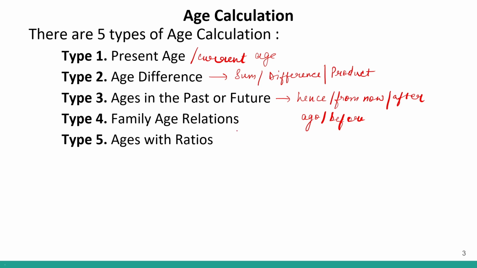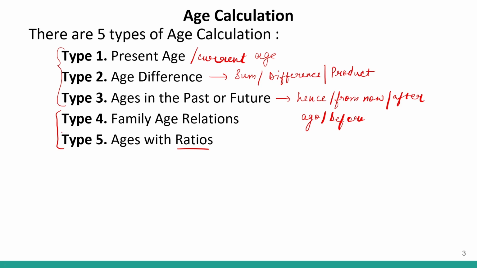Then family age relations means we were given ages of certain children and we had to find the age of their grandmother or maybe their parent, something like that. And ages with ratios, we were given a certain ratio, and based on that we had to find the answers. So in today's lecture we will do these 3 types of questions, and in the next lecture we will do these 2 types of questions.